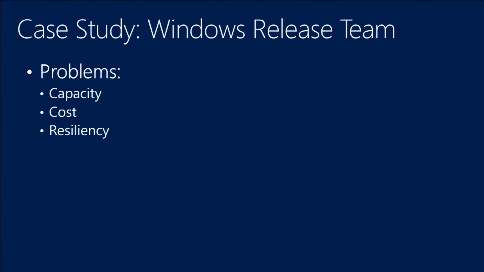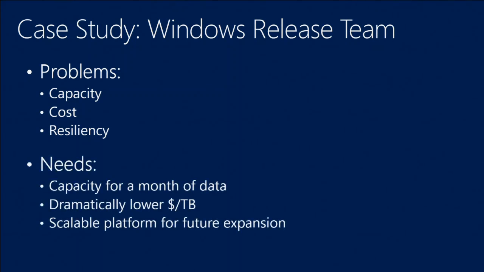They couldn't realistically expand their deployment to meet growing data needs because of this cost. And because of the size and complexity of the way that they're deploying storage, they had some individual points of failure. And because of the number of servers they had, they weren't able to guarantee that all of their deployment was on redundant power. So that was also an issue.